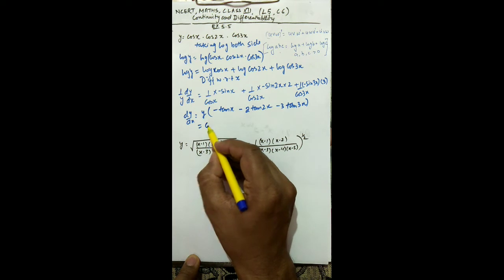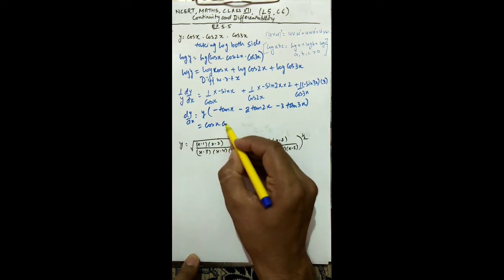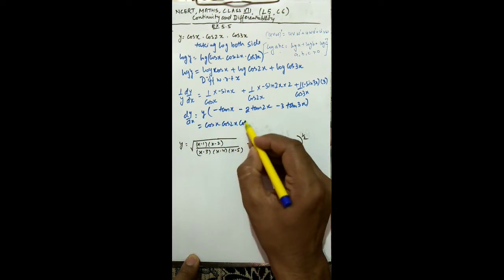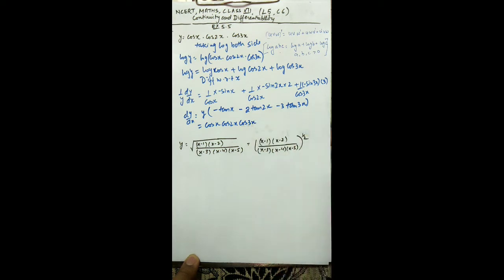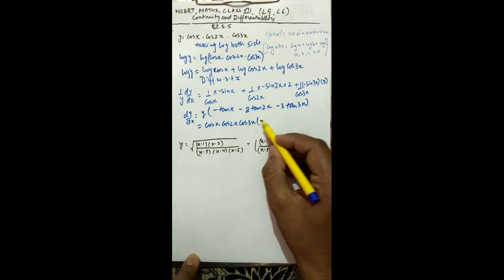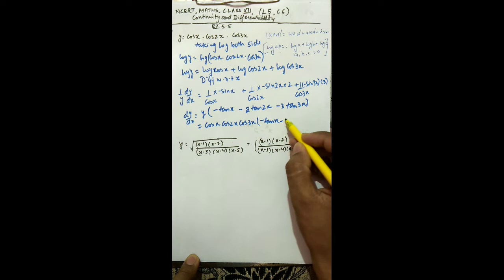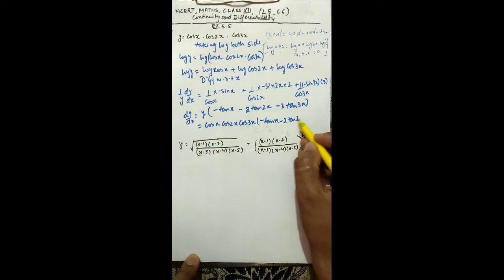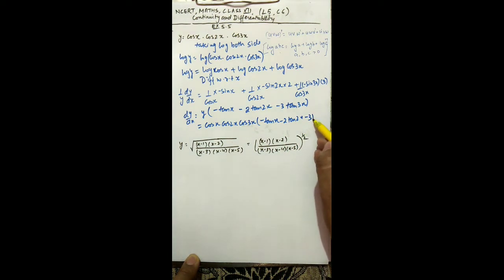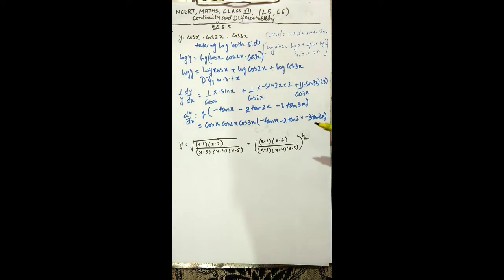So y is cos x, cos 2x, and cos 3x, times minus tan x minus 2 tan 2x minus 3 tan 3x. This can be simplified further. If you take the LCM, then you can simplify it further, but it is okay if you leave it up to this.